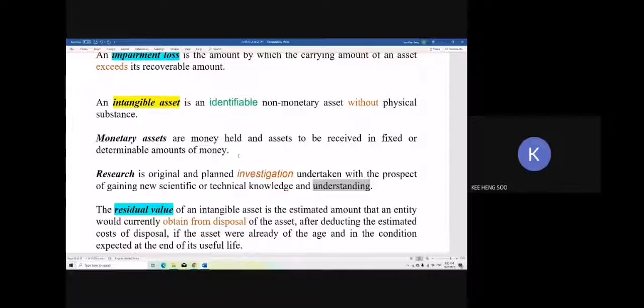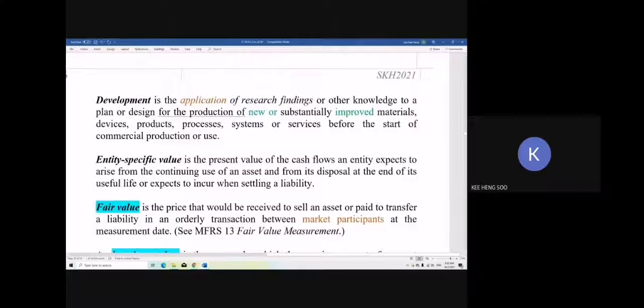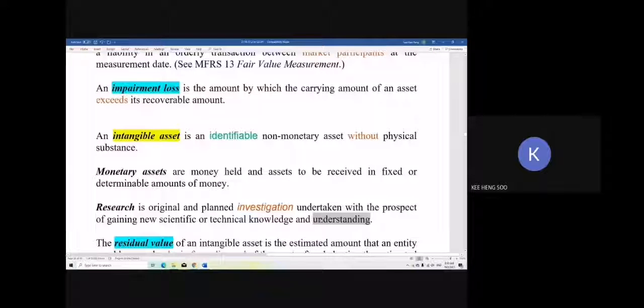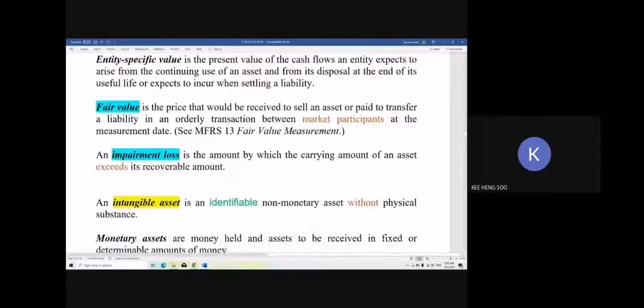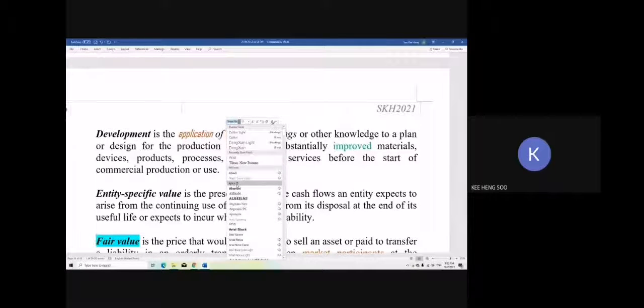This is called research. And last week I also mentioned that these expenses don't produce any measurable product, it's only a study, so they are written off as expenses. How about development cost? Development cost is the application of the research findings. Findings means results.